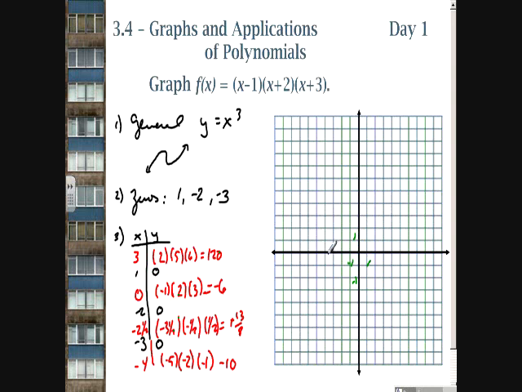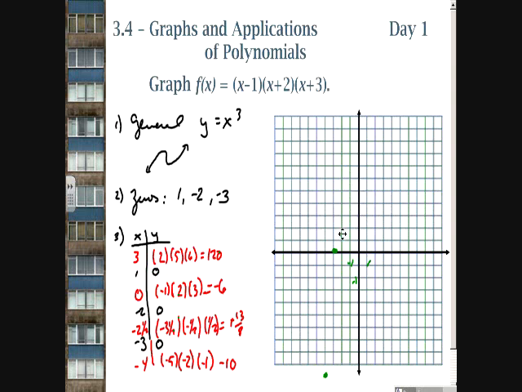So -4, I'm going to go down to -10. So 2, 4, 6, 8, a little bit lower, right about there. -3 is a 0. -2 is going to go up a little bit bigger than 1. So I said almost 2. It's actually about 1.5. Come back down at -2, to, oops, too far.